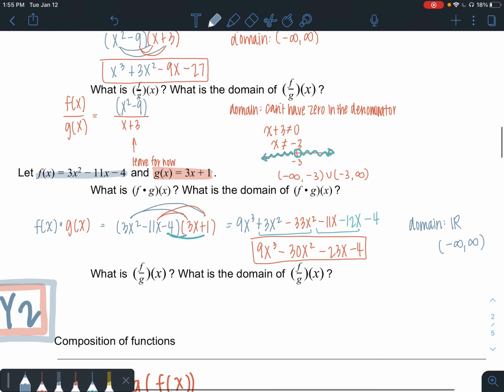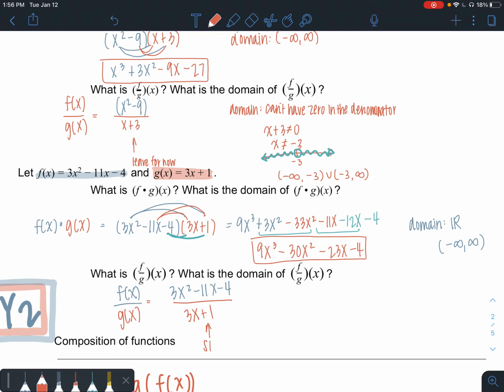All right, for division, gonna take f of x divided by g of x. So f of x is 3x squared minus 11x minus 4 over g of x, which is 3x plus 1. Okay, so again, this simplifies, but we're going to leave it.